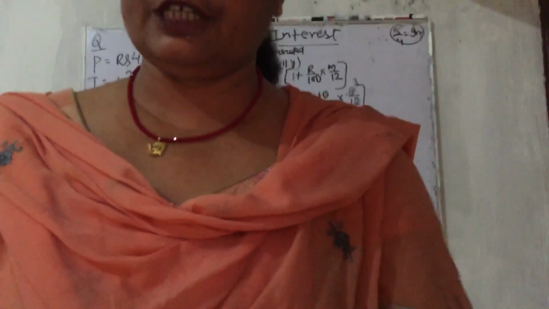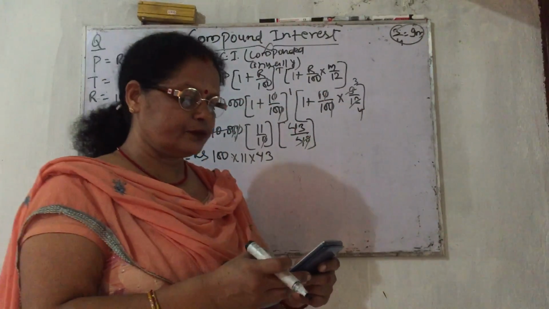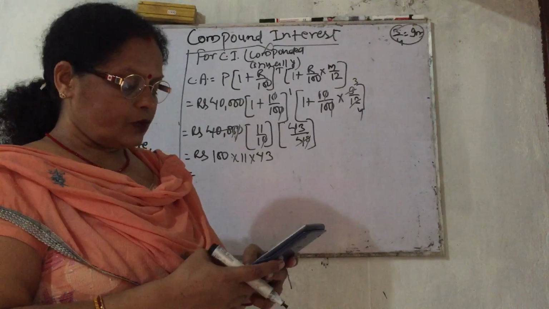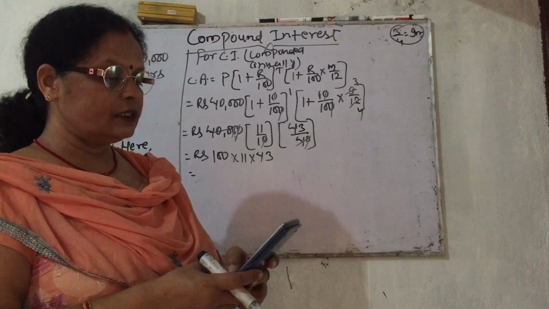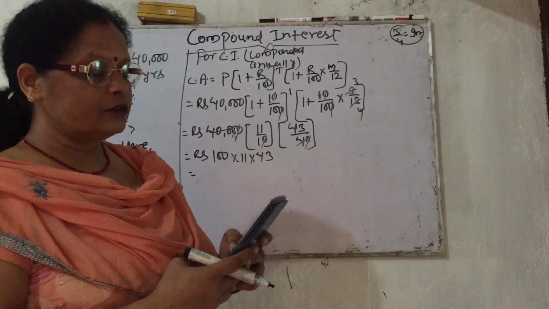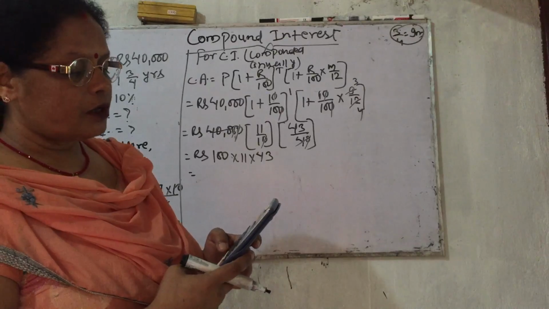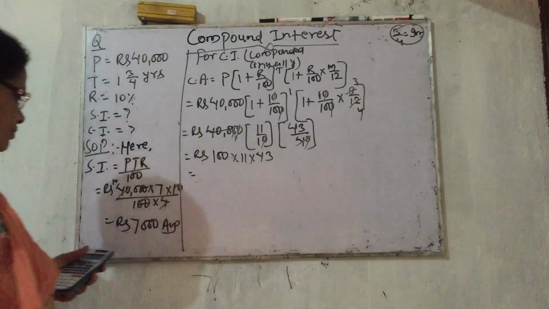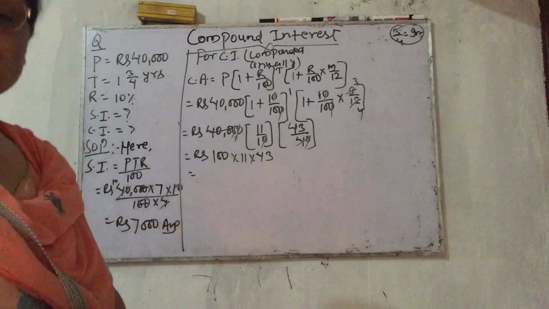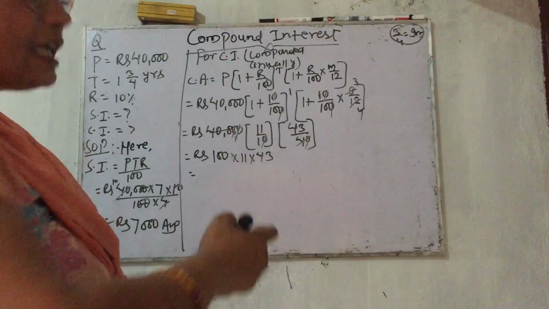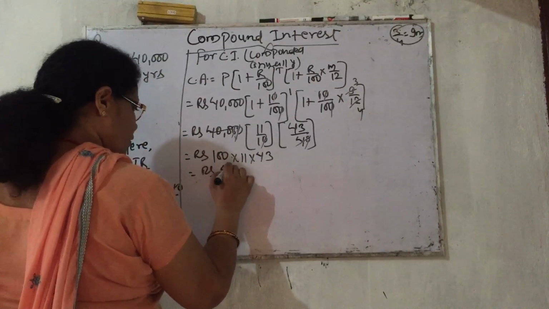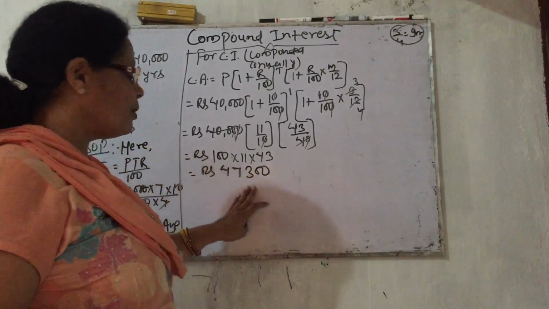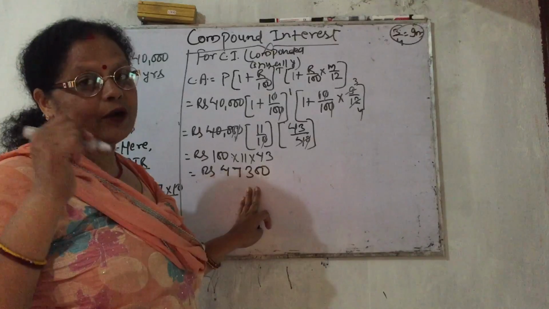11 into 43, let's calculate. 11 into 43 equal to 47,300. This is our compound amount, and we have to find out compound interest.